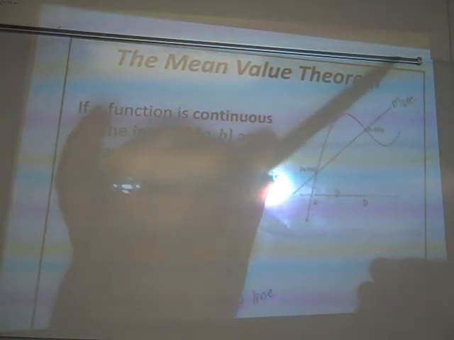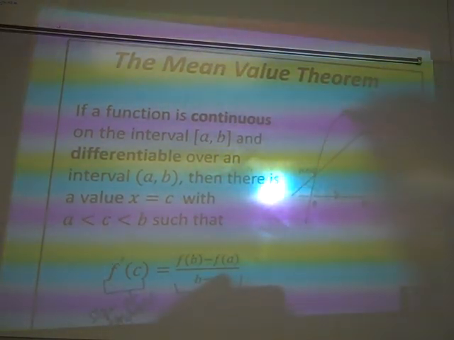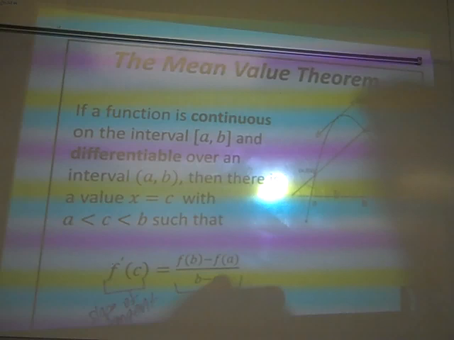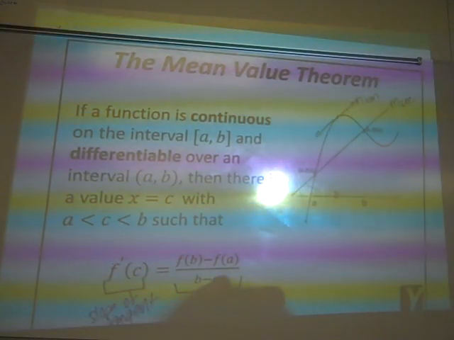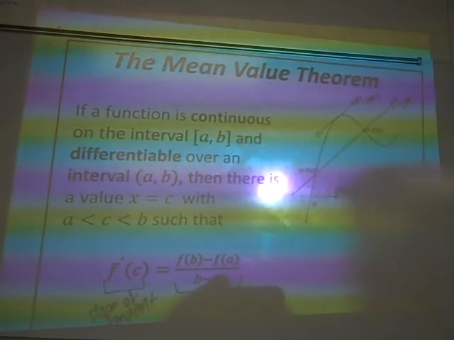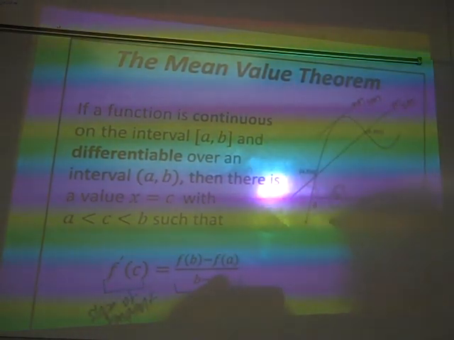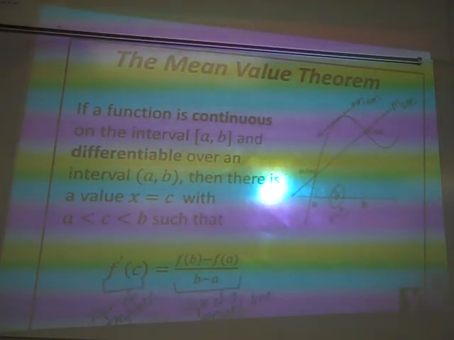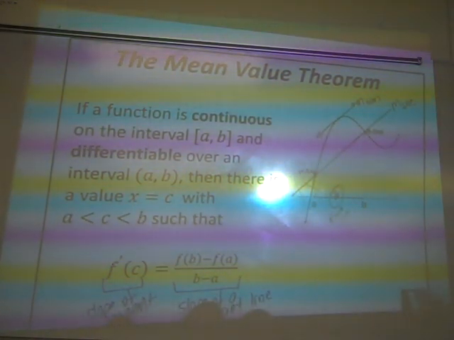And that seems to occur right over here at this point. So that's the tangent line I'm interested in. The slope of the tangent line equals the slope of the secant line. The value guaranteed by the mean value theorem is right here. That's x equals c. So let's actually do a problem involving the mean value theorem.